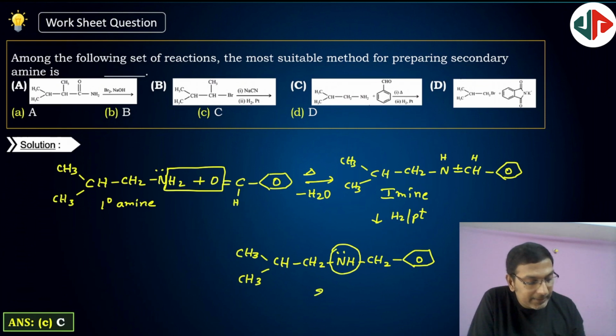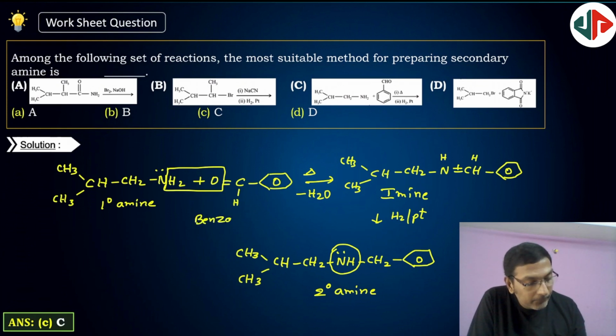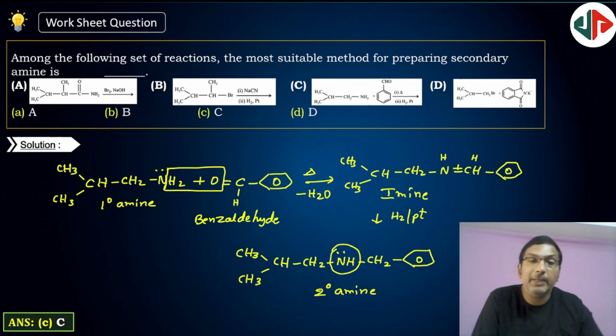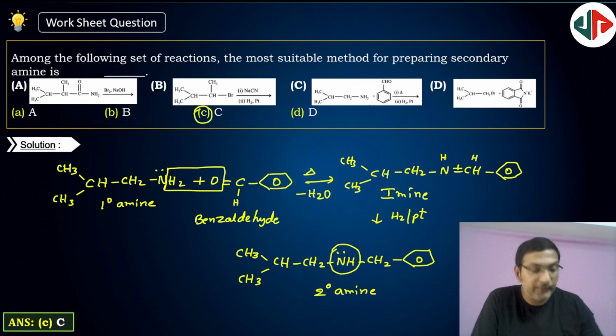So NH is secondary amine. So this one, benzaldehyde. So here reaction between primary amine and the carbonyl compound, that is benzaldehyde. First it gives imine, intermediate compound, which on reduction gives NH containing compound, that means secondary amine. So therefore option C.